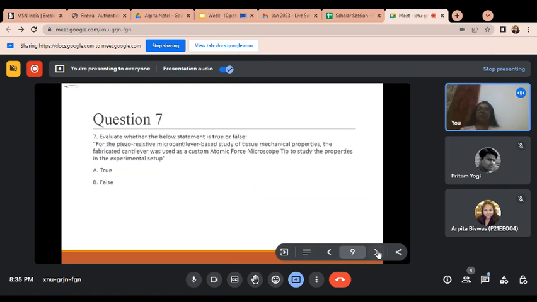This is question number 7. Evaluate whether the below statement is true or false. For the piezoresistive microcantilever based study of tissue mechanical properties, the fabricated cantilever was used as a custom atomic force microscope tip to study the properties in the experimental setup. So is it true or false?